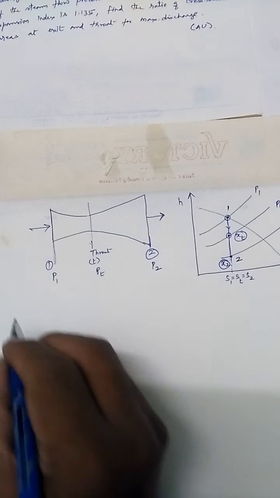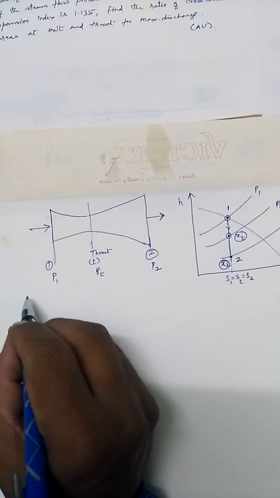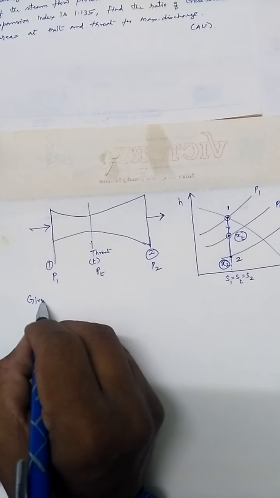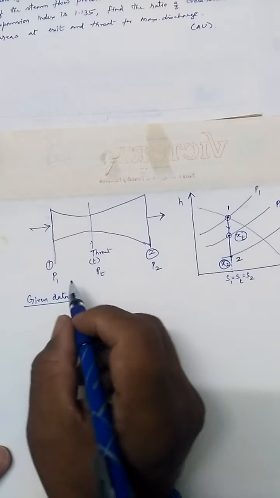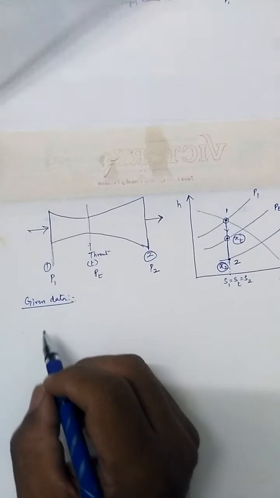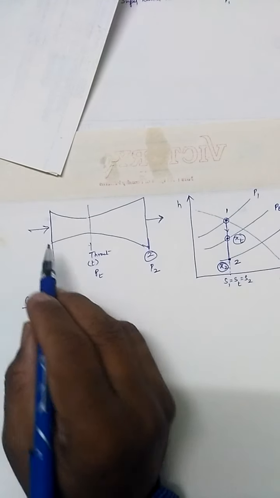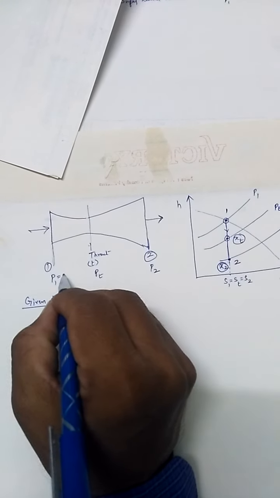properties. So first we will put down the given data. So what is given? The entry pressure is given, so P1 is 8 bar.